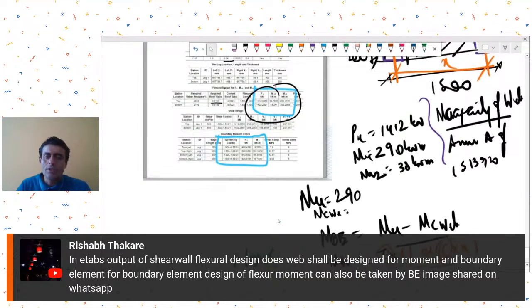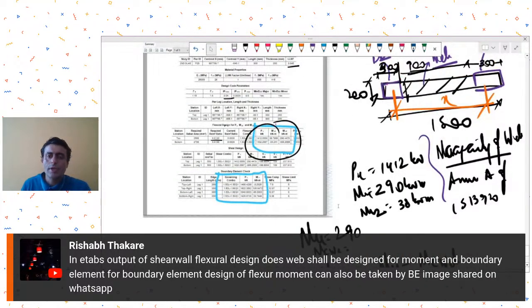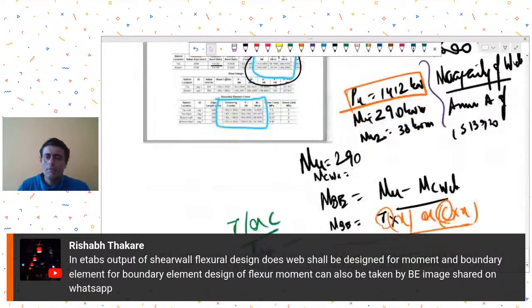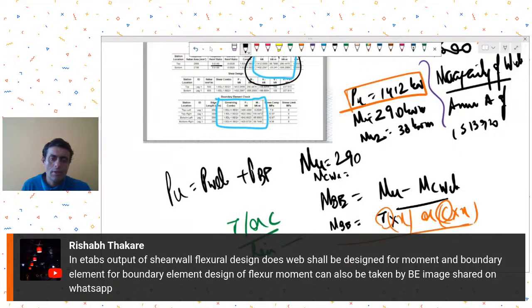So this is the T or C due to moments. Now you also find out the axial forces, how much the boundary element will take, how much the web portion will take. This you can distribute proportionately to the plan area. So out of the total Pu, how much axial load the web will take, how much the boundary element will take.